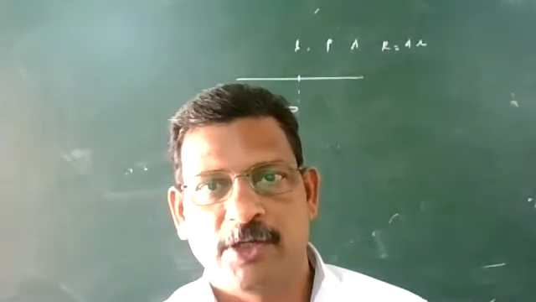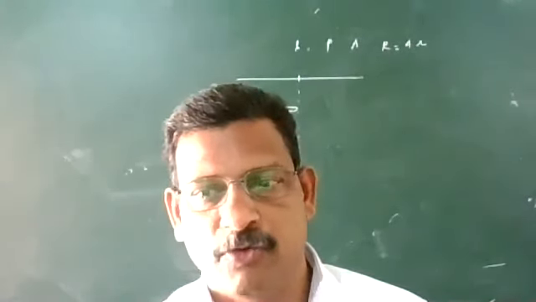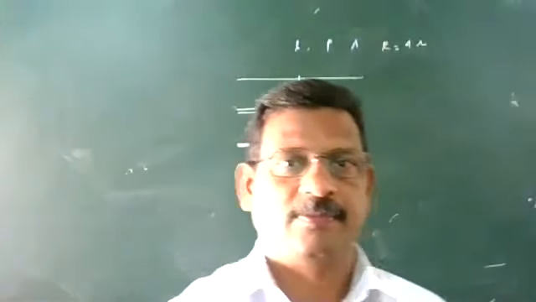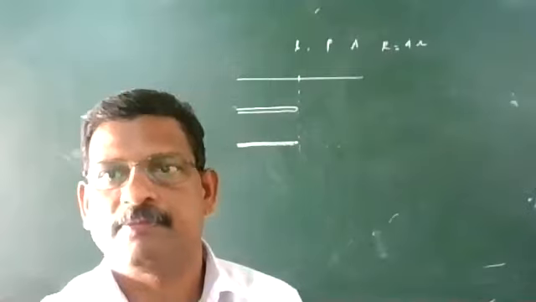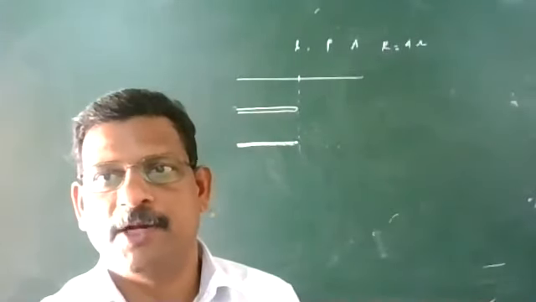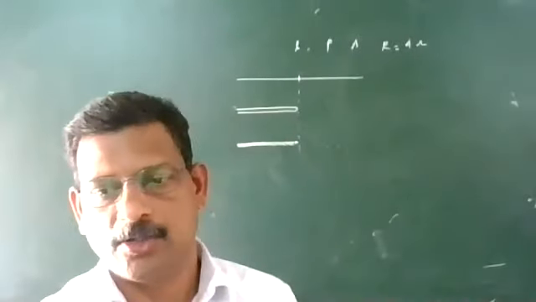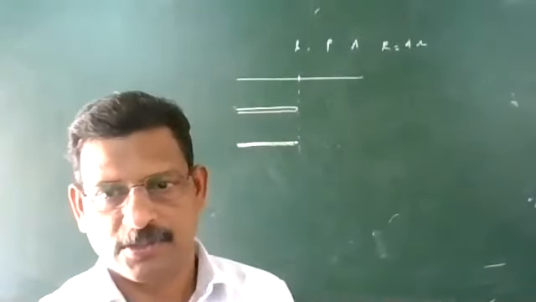So the resistance is 1 by 4 times, equal to 4 into 1 by 4, which is equal to 1 ohm. Everyone completed? Yes, sir. Okay, good. Other points we will continue. Thank you.